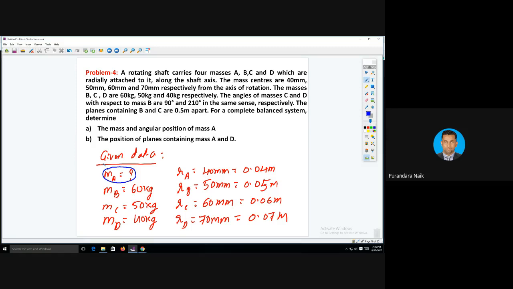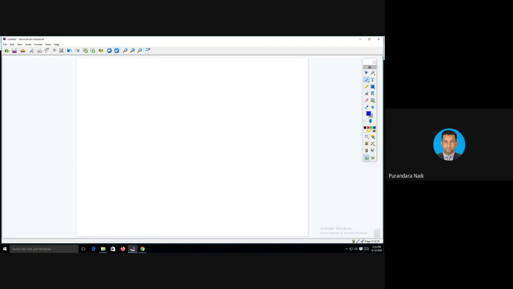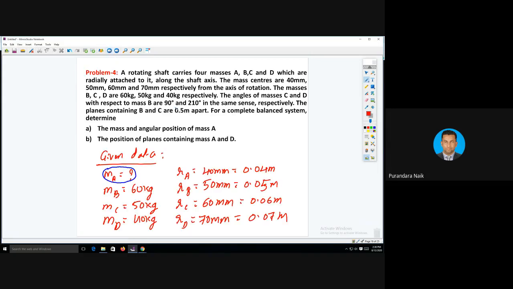Okay, let us go to the next slide. Here, angle COB, mass C with respect to B, is equal to 90 degrees.